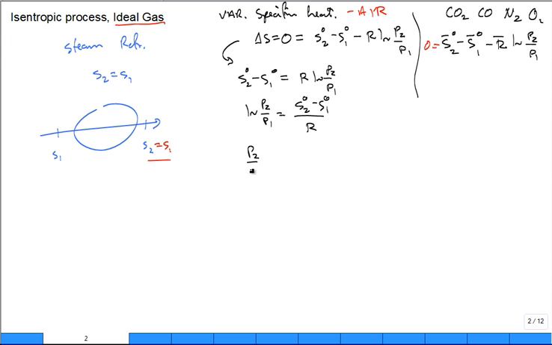So we have P2 over P1 is equal to, and when we exponentiate, remember this rule: e to the a minus b, is that equal to e to the a divided by e to the b, or is it equal to e to the a minus e to the b?